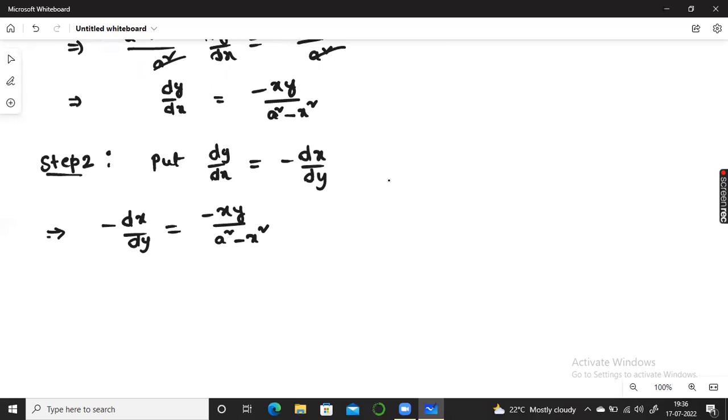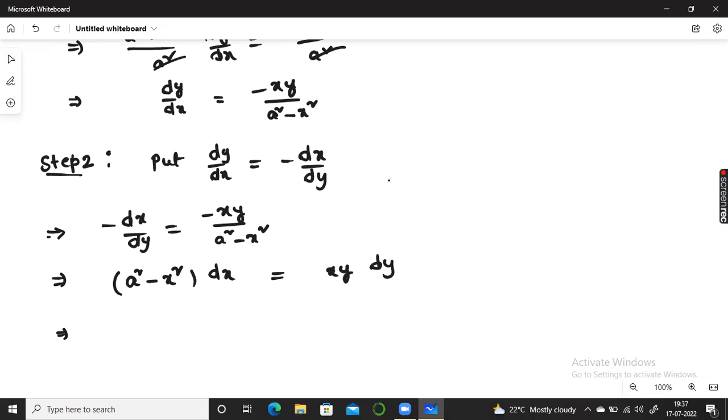So far it is okay, good. So minus minus will be cancelled. So a square minus x square terms you bring this side. A square minus x square into dx is equal to xy dy.